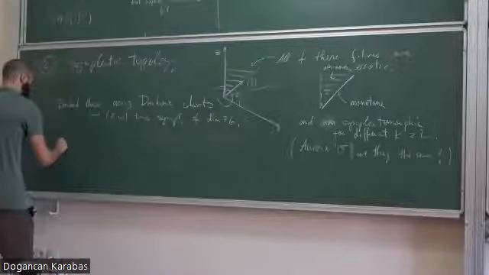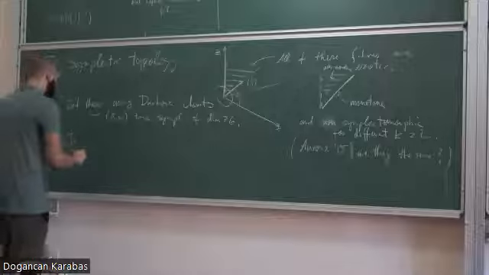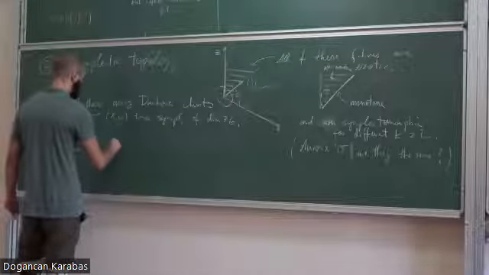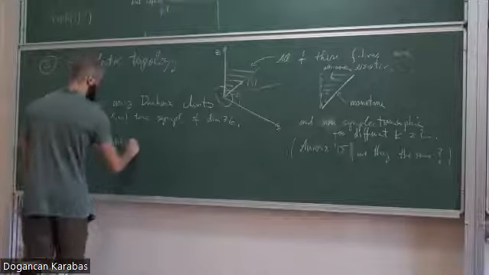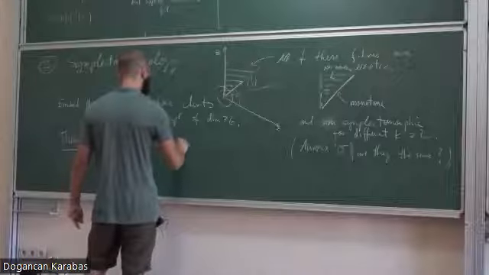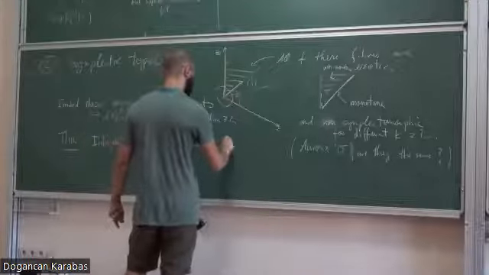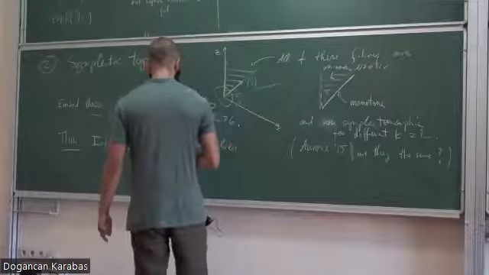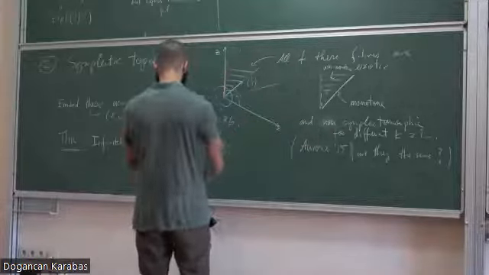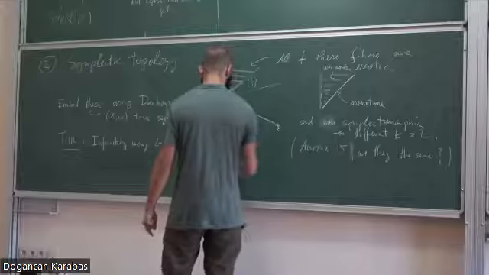And then the theorem is that these tori will still be distinct. So we still get infinitely many distinct up to symplectomorphism, distinct two-parameter families of tori.